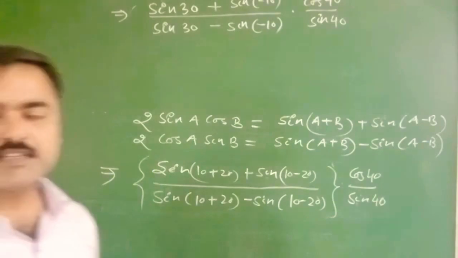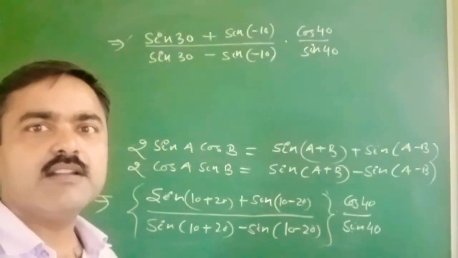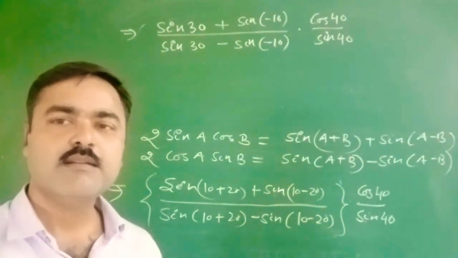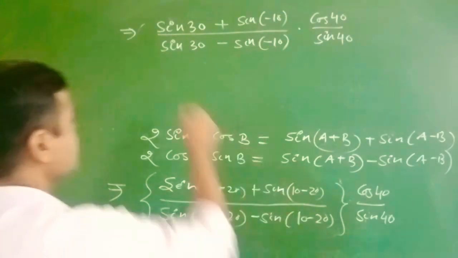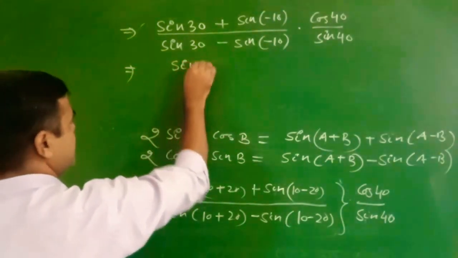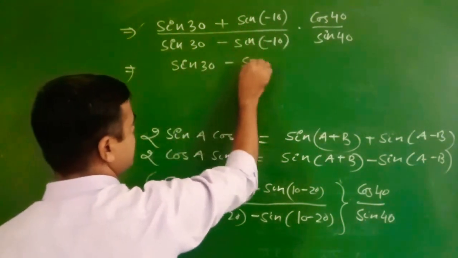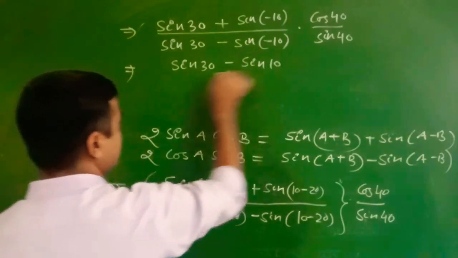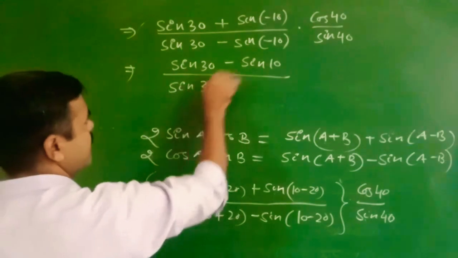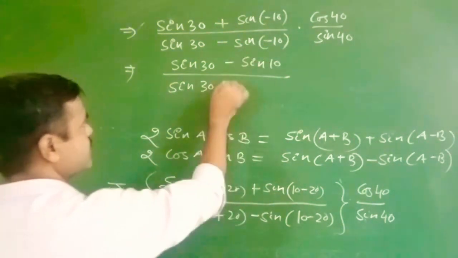But one thing is here, you should know that sin of minus theta equals minus sin theta, and cos of minus theta equals plus cos theta. So this is equal to sin 30, and sin of minus 10 equals minus sin 10, so this is plus sin 10.